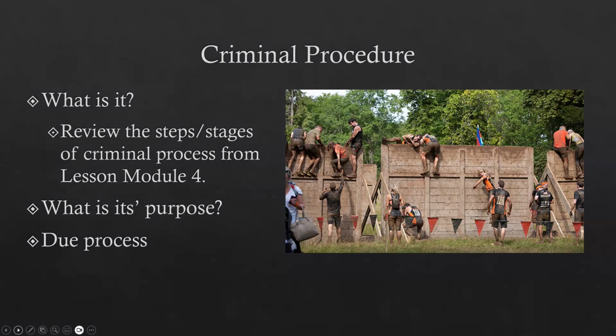So you'll see how, for example, the due process requirement of providing notice of the charges against you, you would see that at the arraignment. You would see that in the complaint. You would see that at the bail hearing. They're all different parts or steps in criminal process where that due process rule is provided.